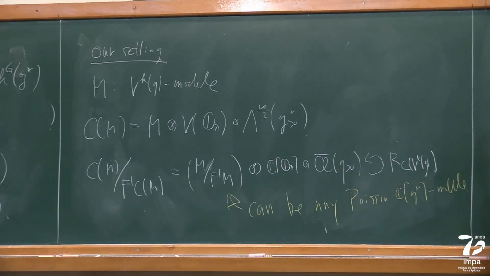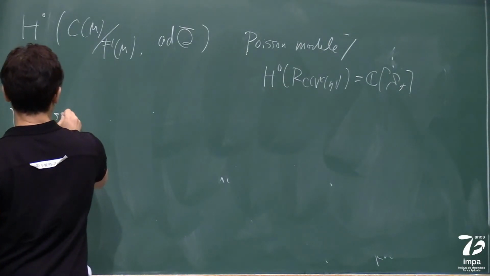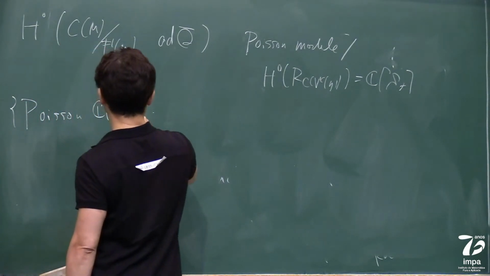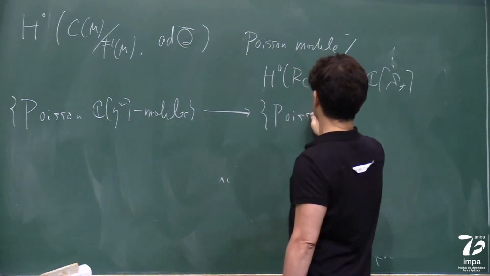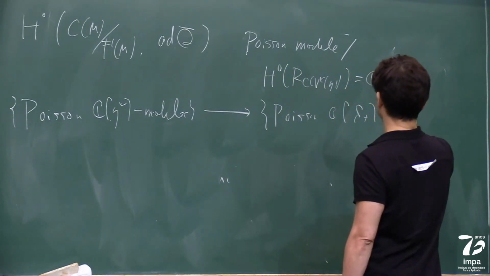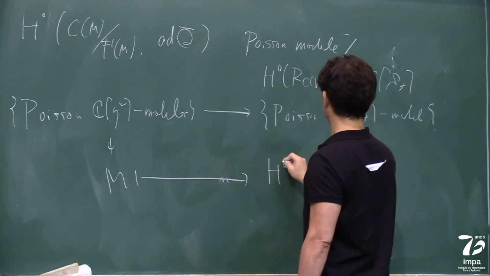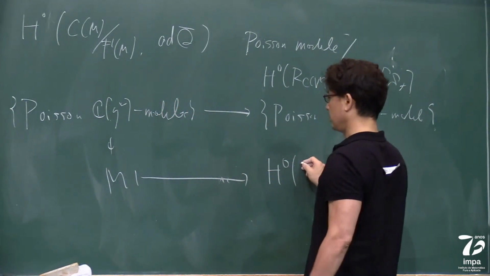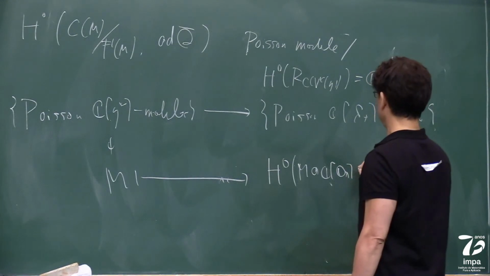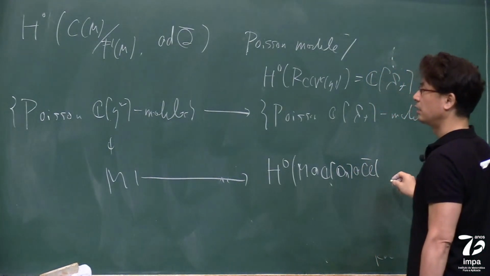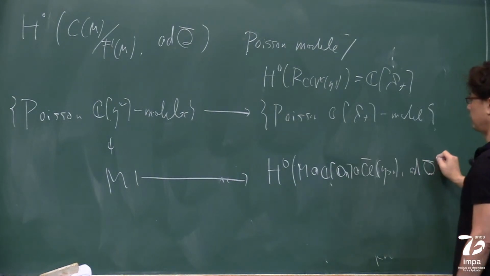So you have a functor which sends a Poisson CG star module M to a Poisson CSF module, which sends M to H0 of this complex: M tensor C of OK, tensor Clifford algebra, and ad of Q bar.